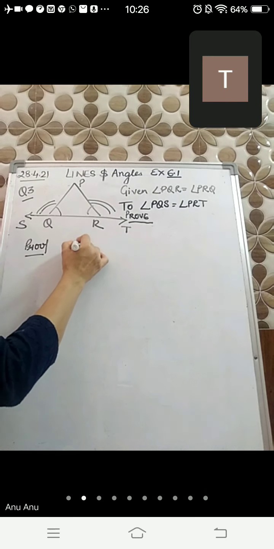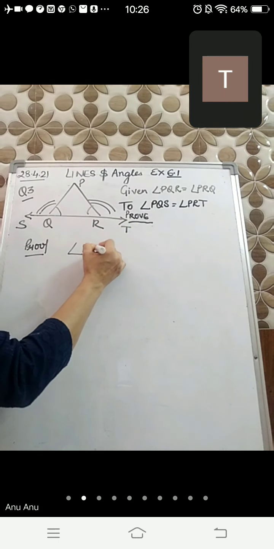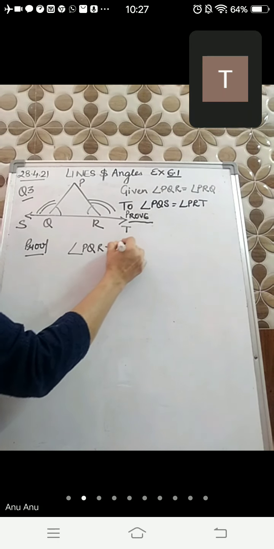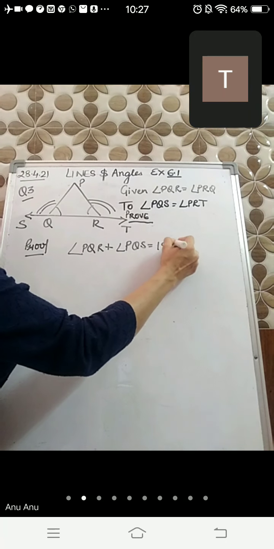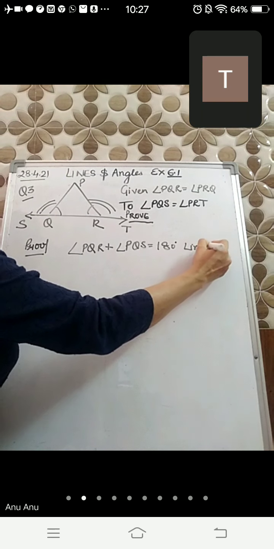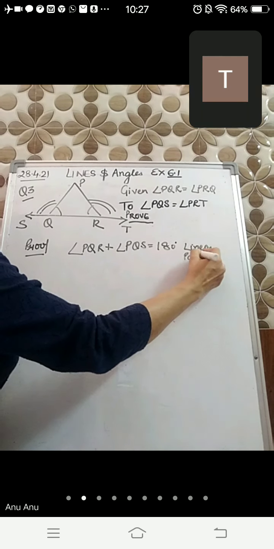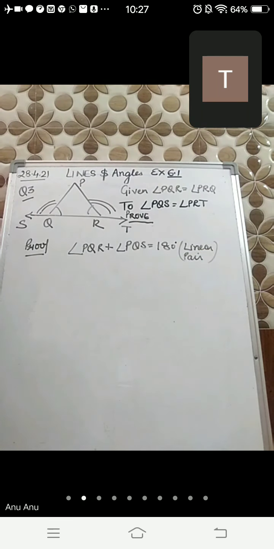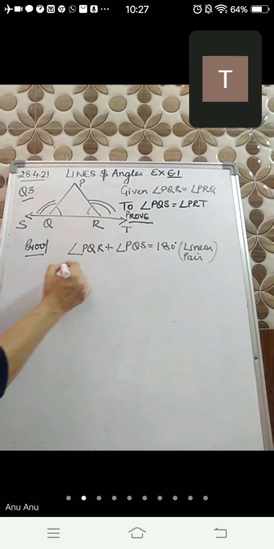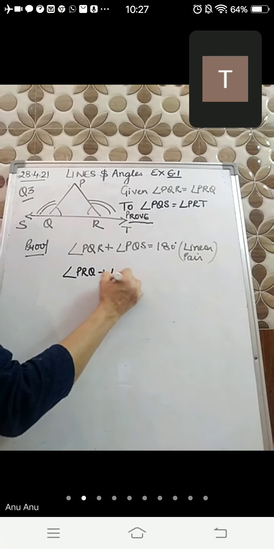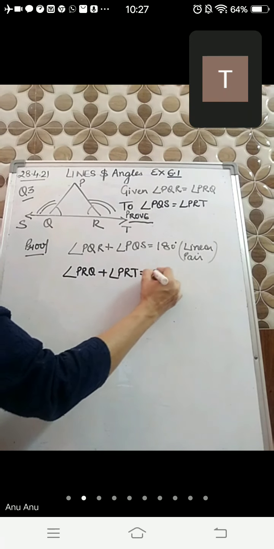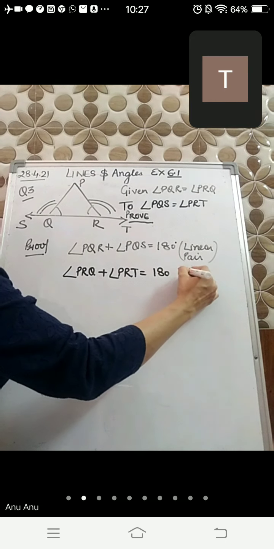So, can I write it like this: PQR plus PQS is equal to 180, linear pair. Or you can say they are supplementary. In the same manner, PRQ plus PRT is equal to 180, again a linear pair.